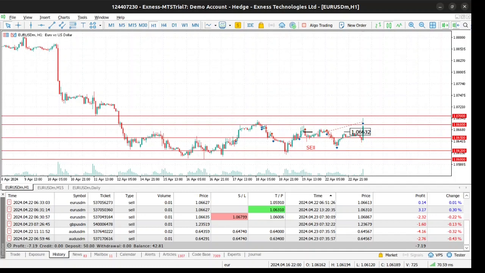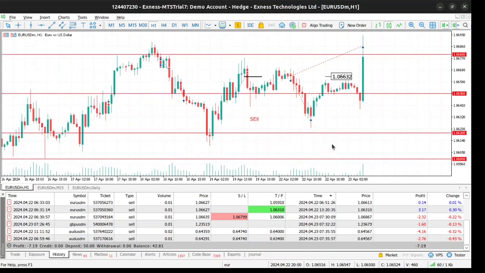Let's change the settings. Yeah, first take profit is down here. First take profit is here and here. Second, hinted my stop loss above this level.